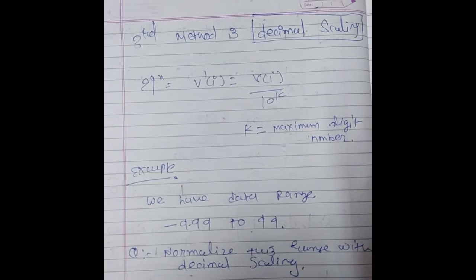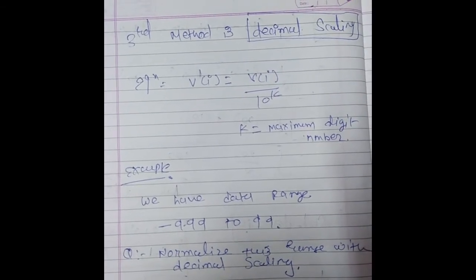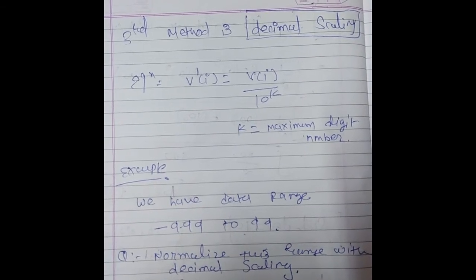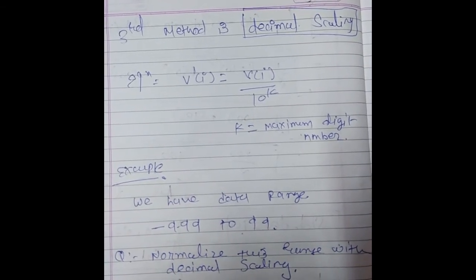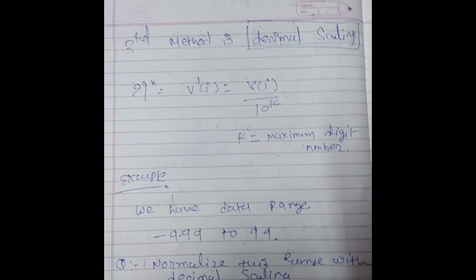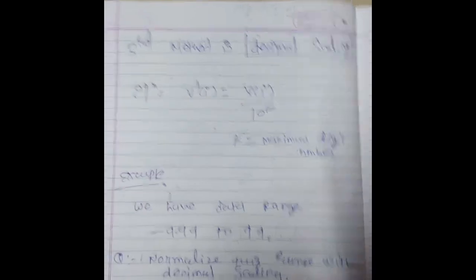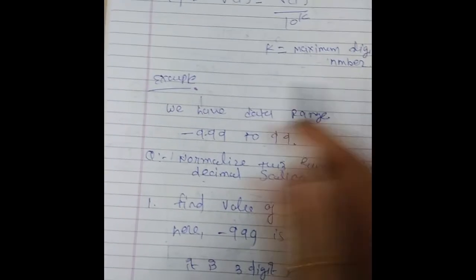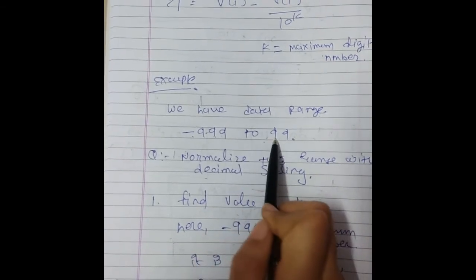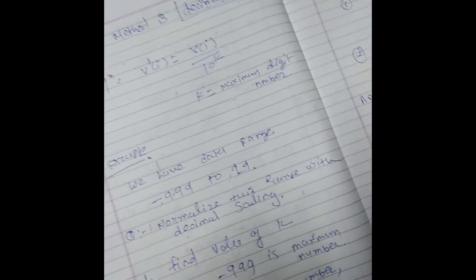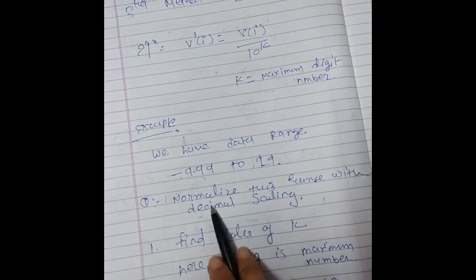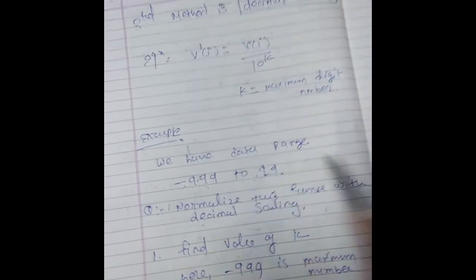The third method is decimal scaling, and the equation for decimal scaling is V dash equals V divided by 10 raised to k. Here k equals the maximum digit number. Let's understand this method with one simple example. Suppose we have a data range of minus 999 to 99. Our task is to normalize this range with the decimal scaling method.